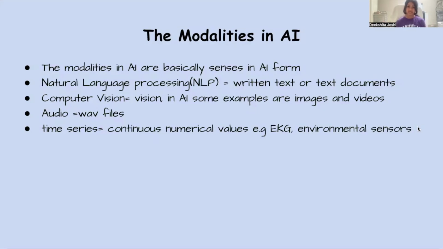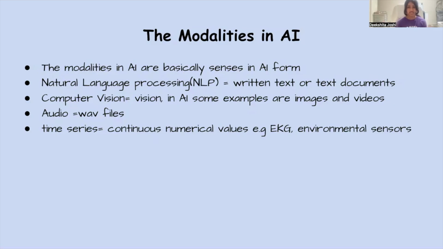The modalities in AI are basically senses in AI form, like sight, vision, stuff like that. Natural language processing, short form NLP, is basically written text or text documents, like writing, reading, and so on. Computer vision is basically vision, sight.